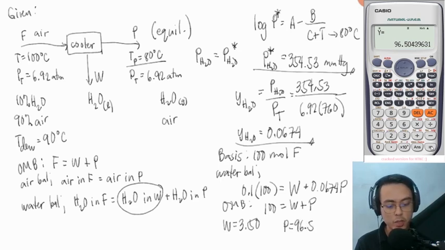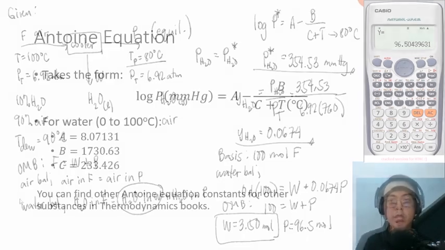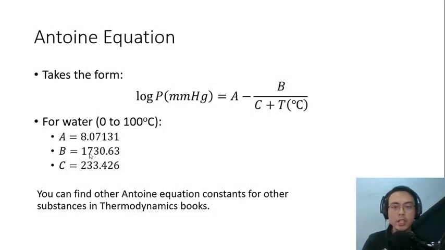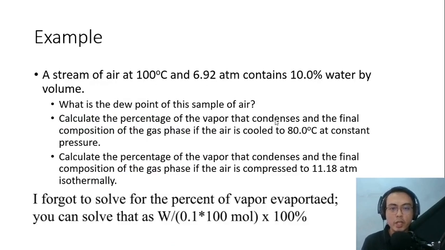This is moles. So we have solved the problem. We have determined that we can condense 3.5 moles of water if you bring down the temperature from 100 degrees Celsius in the feed to 80 degrees Celsius in the product.